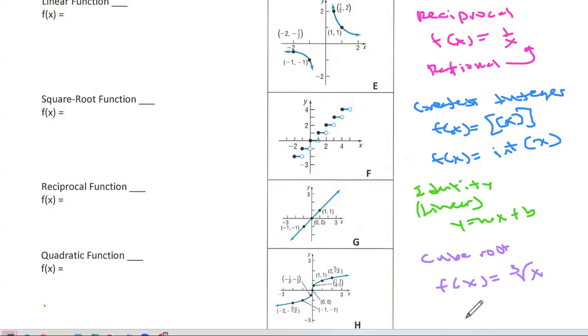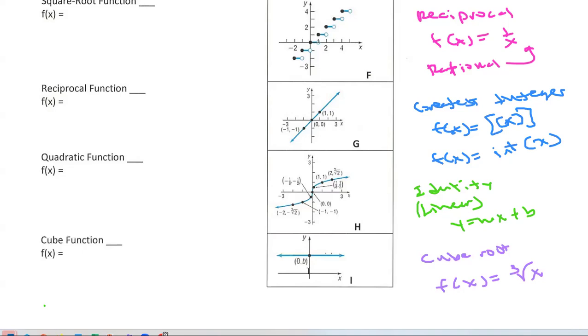And then we have one more, and that is this line here. And that is the constant function. Let me pause here for a second.